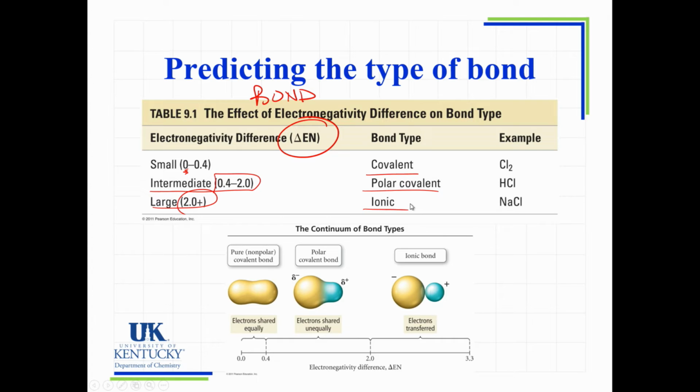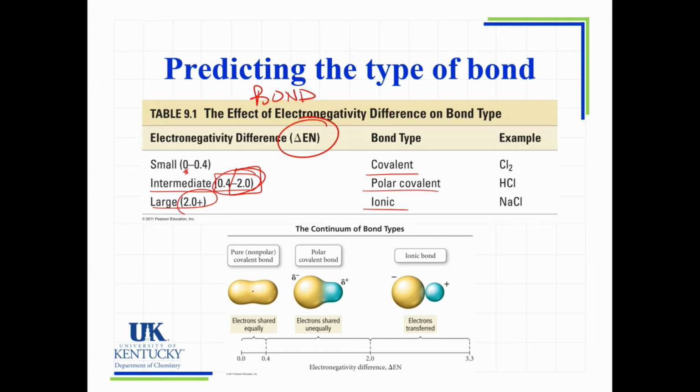The first thing I want to note is this value 2. This textbook uses 2, so we'll use 2. I have taught from other textbooks that use the value of 1.8, so this is not even a hard line, but we'll use the 2 line. In this range, they're sharing, but not very equally, and the more electronegative atom will have the more negative charge.